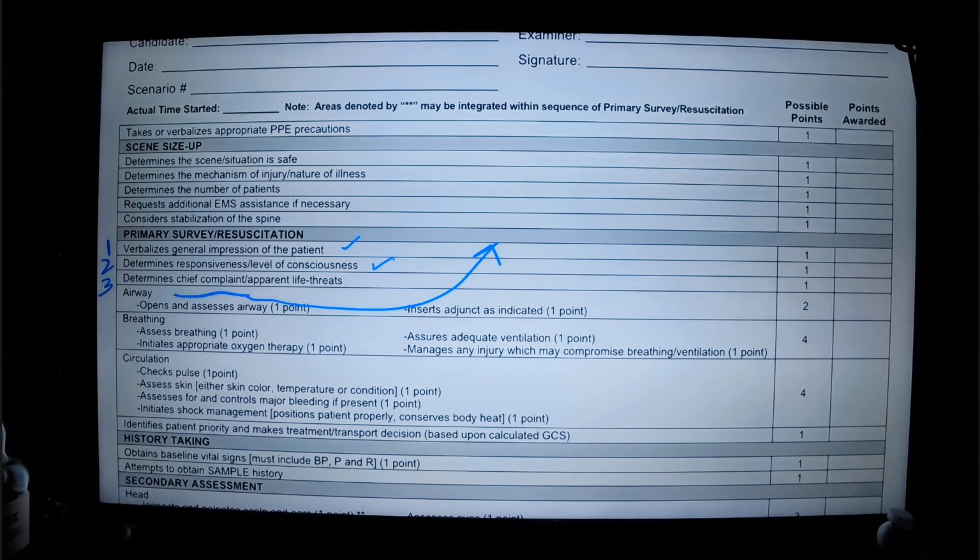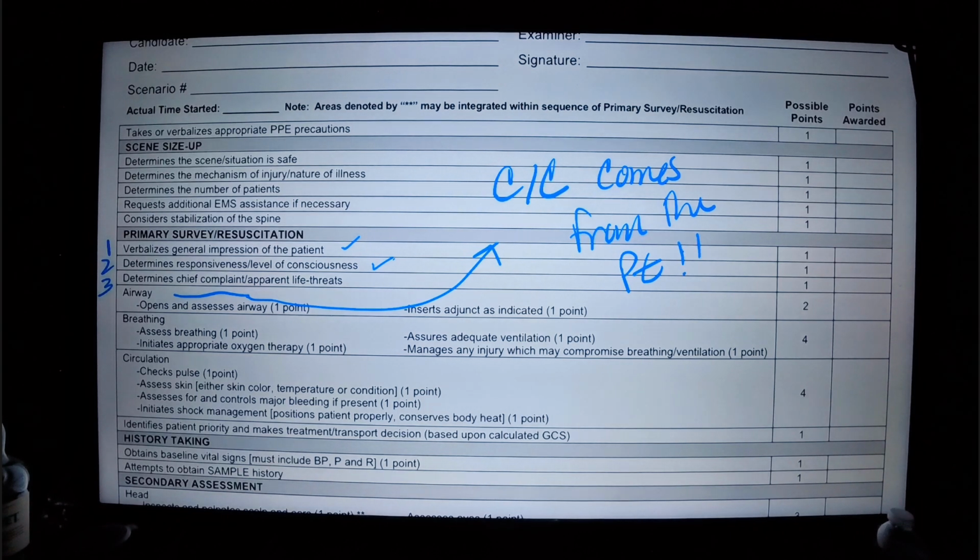Chief complaint comes from the patient. You're going to encounter people who are going to say, oh, chief complaint of MBC, chief complaint of stroke, chief complaint of OD, chief complaint of general body weakness.